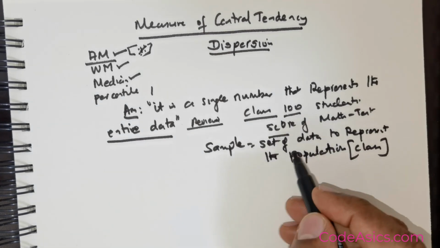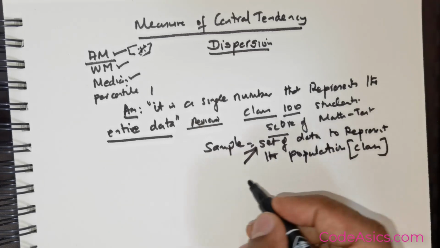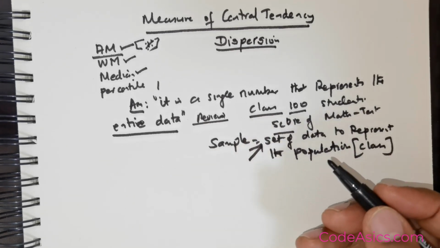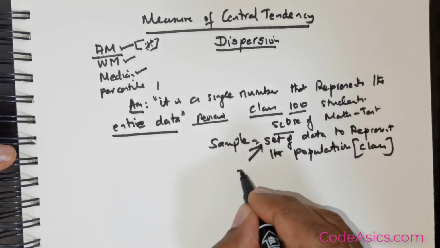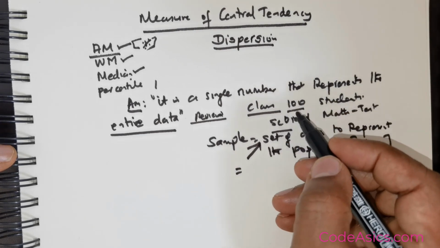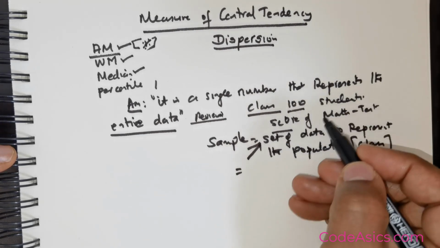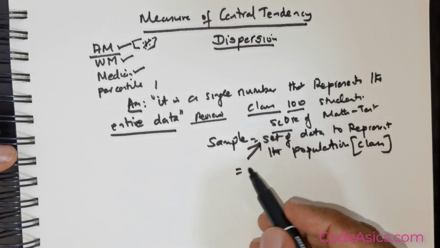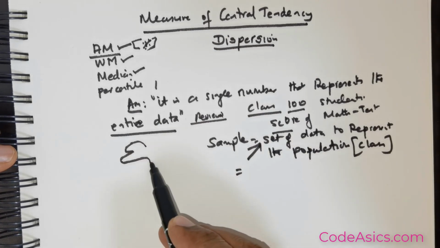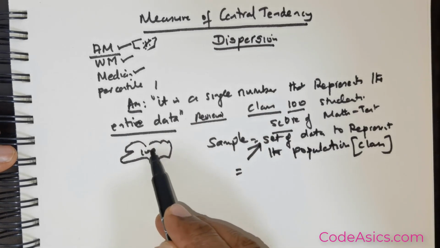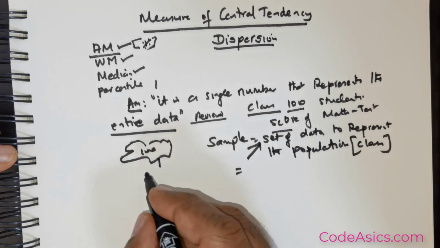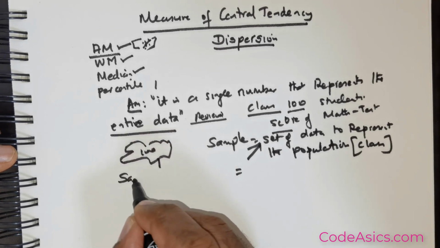Now when I say set, when you say set is nothing but well defined collection of objects, right? So sample is nothing but we selectively pick up elements from the population. So you have a population, this is the class size, say 100 students. From 100 students I'm going to pick up the following samples.